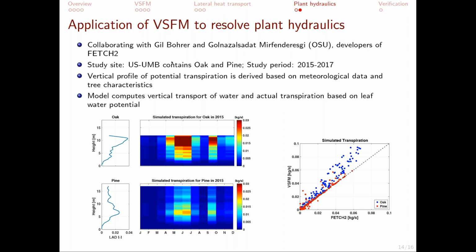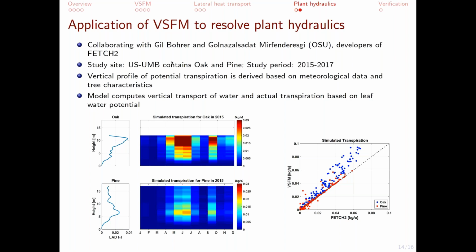We are starting to apply our model to the study site at the University of Michigan, where they have oaks and pines. The study period comprises 3 years, from 2015 to 2017.